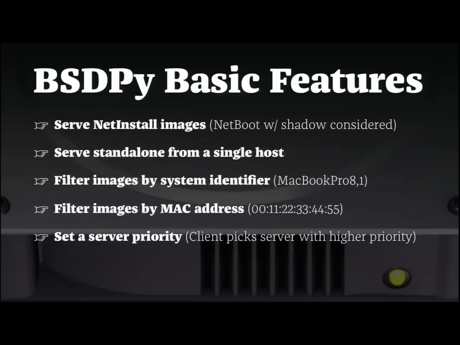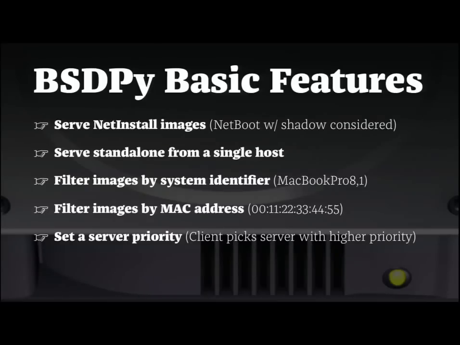So it can serve all assets from a single host, as the Apple servers do. Filter images by system identifier, so if you have models that need a specific image, otherwise they don't work, like the newer MacBook Ones and things like that, it will do that. Filter by MAC address, if you have specific machines that you want to boot a specific image, maybe a lab machine, something like that.